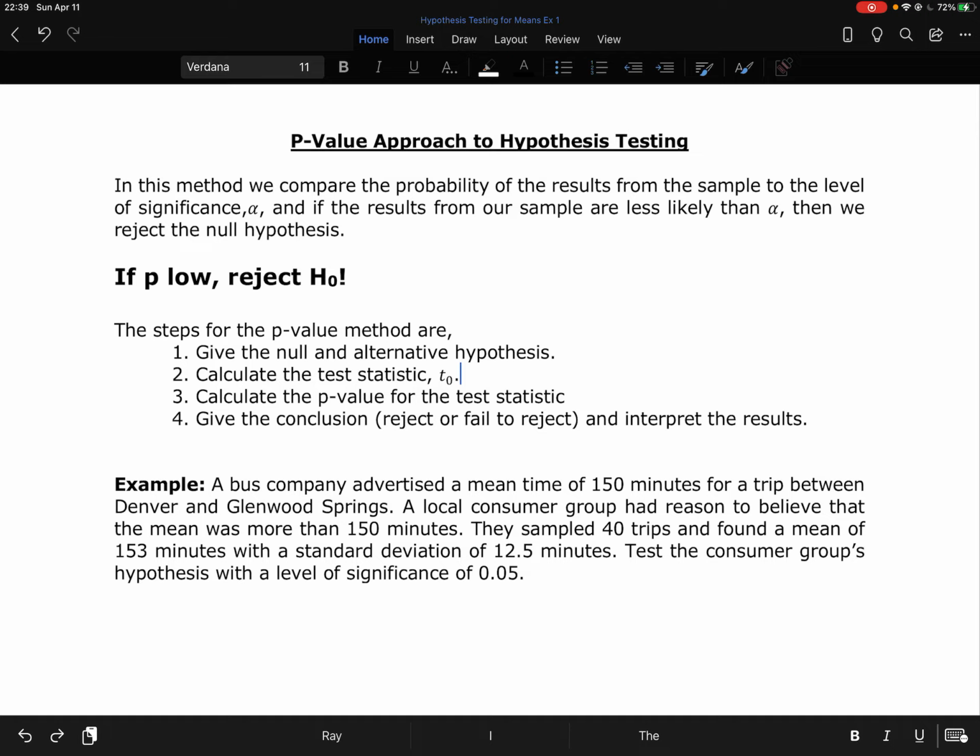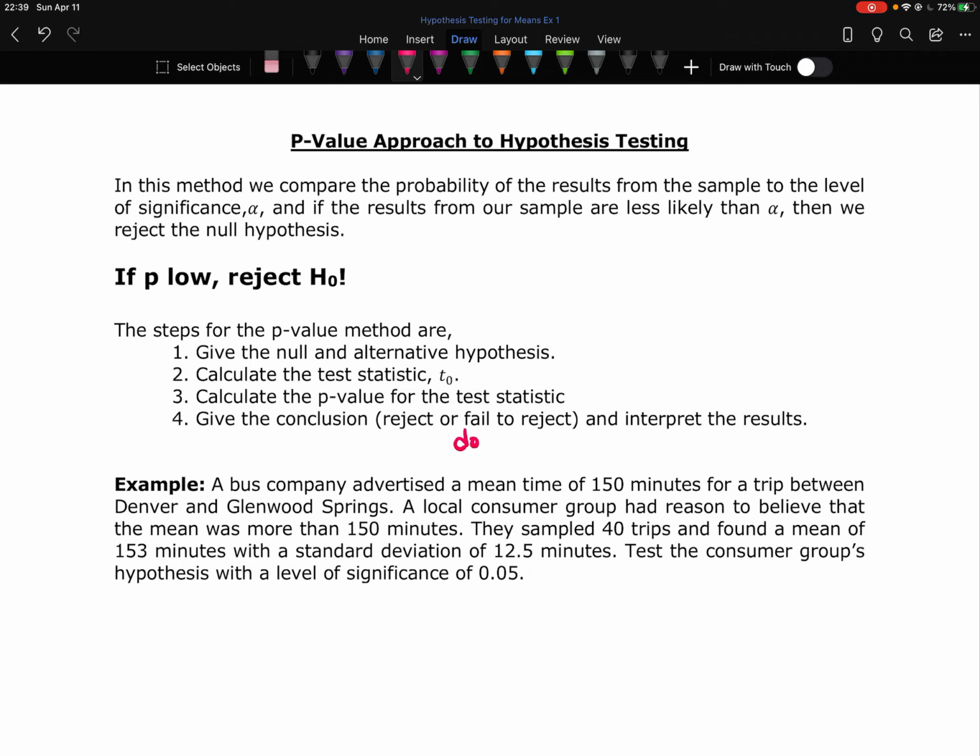Step 4 is to give the conclusion of either rejecting or failing to reject. And recall, we can also phrase failing to reject as do not reject. That's my preferred way of phrasing it, actually. And then interpreting the results.